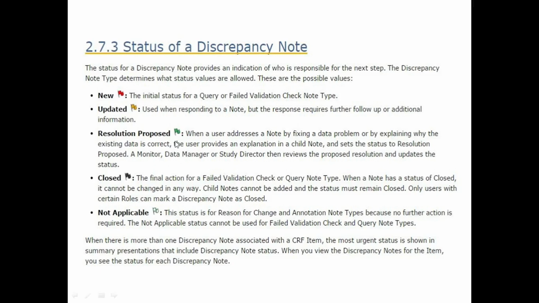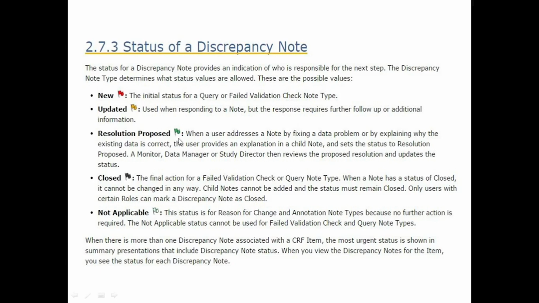Now, green indicates that the discrepancy note has been sent to the site or whoever is going to handle the discrepancy note, and they're going to add information to it to try to resolve it. And the green indicates that a resolution has been proposed. Now the next step is somebody like a data manager or a designee has to review that proposed resolution.